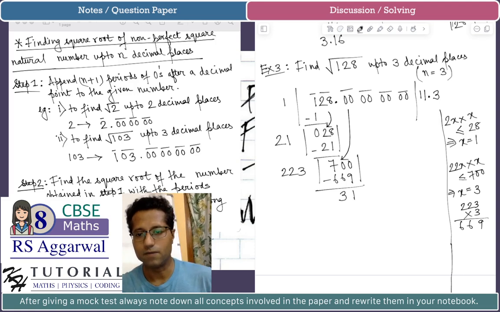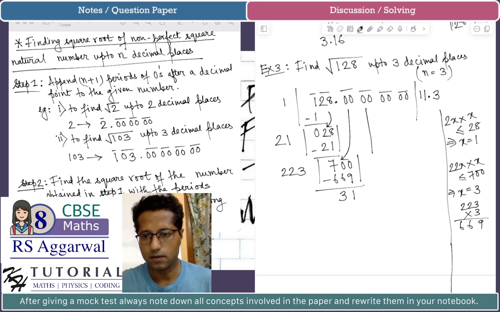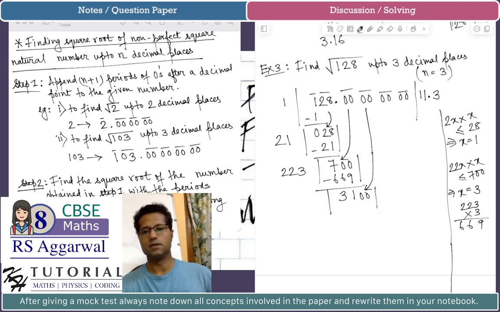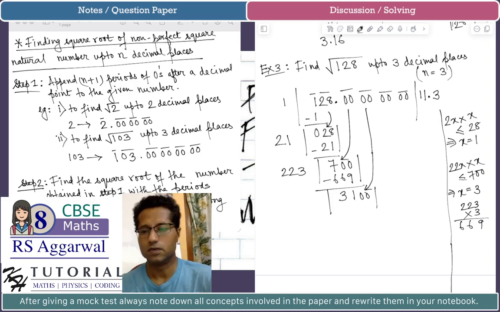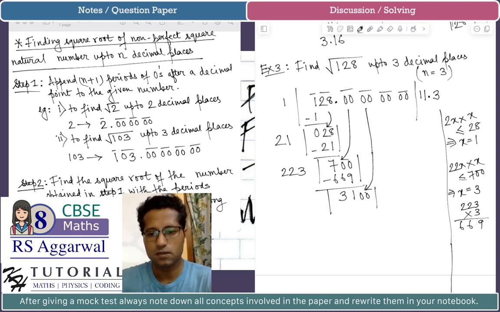Now I will bring down the next period and append it to the current remainder, which is 31, and the next dividend becomes 3100. The next partial divisor will be whatever the current quotient is, ignoring the decimal point, multiplied by 2. So 113 multiplied by 2 is 226.